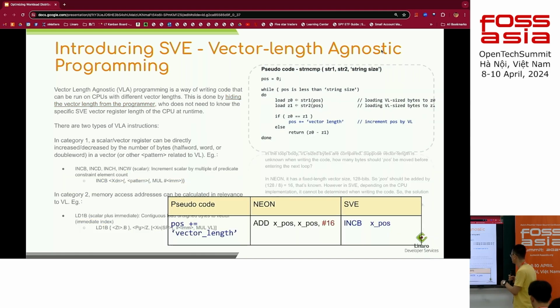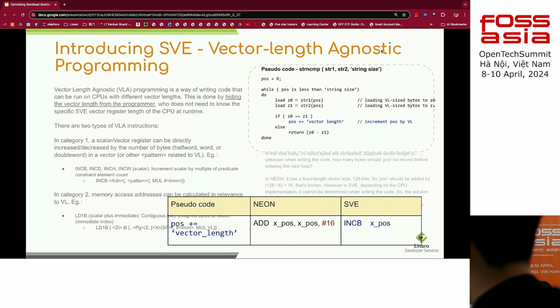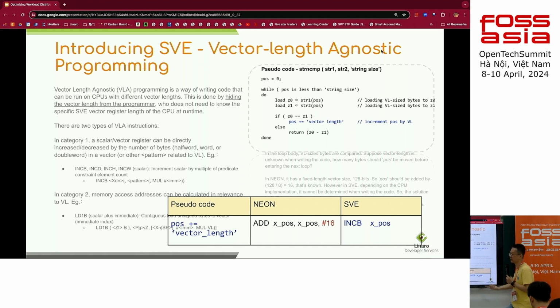For example, here you have the INC instruction. Traditionally in Neon or some other architectures, you have to know that when you increase the index, the vector length is 16 bytes, so you only process 16 bytes in one loop. But in the SVE world, if you are running on a 128-bit machine, it increases by 16 bytes.